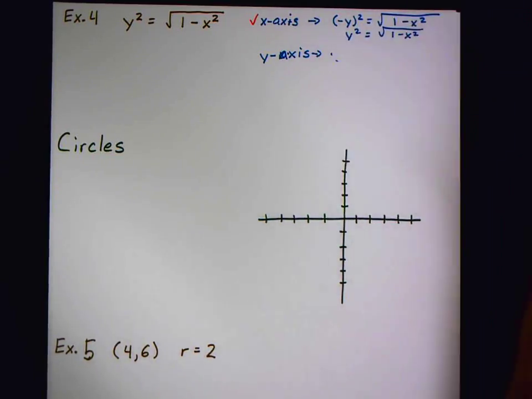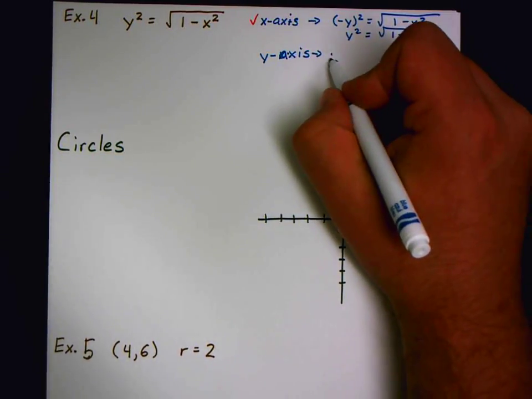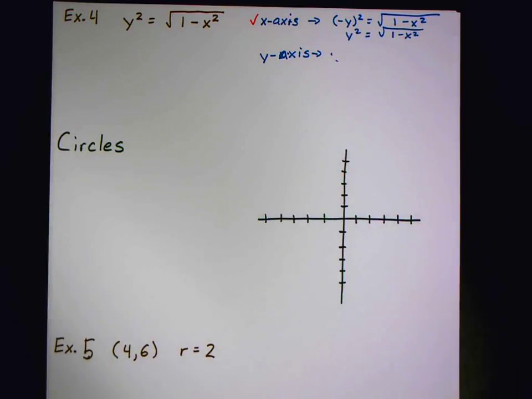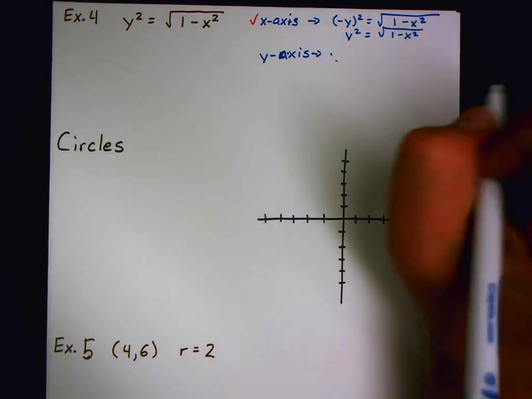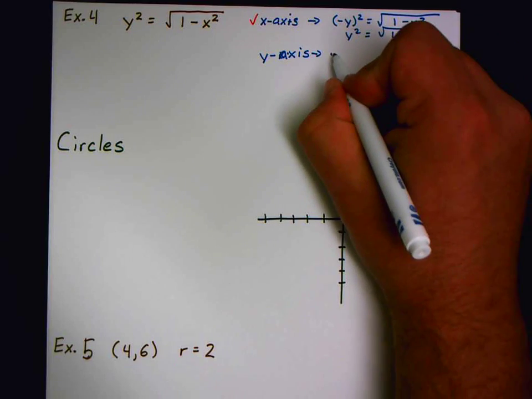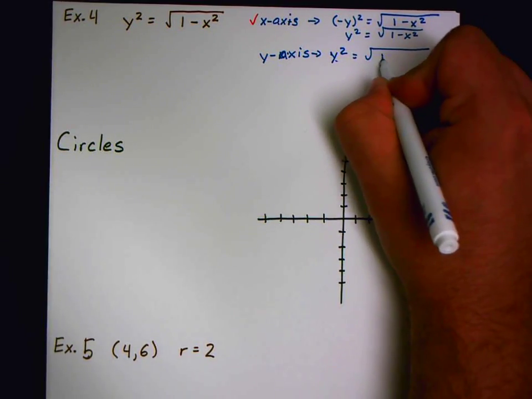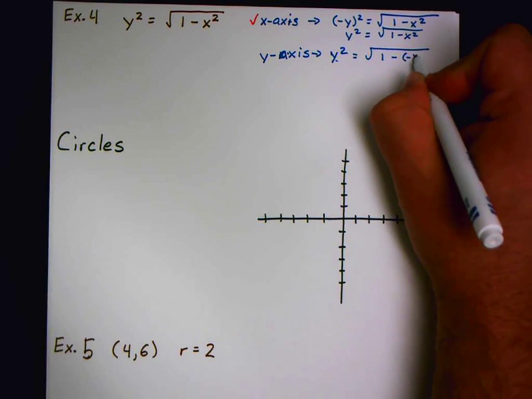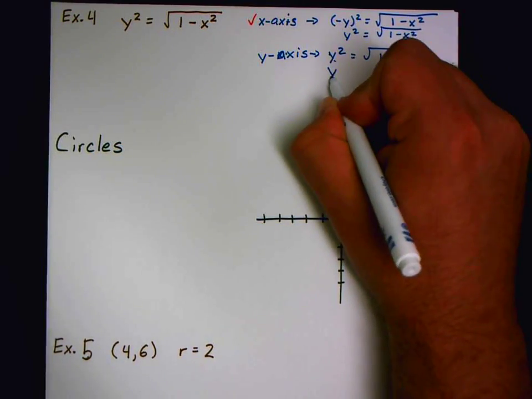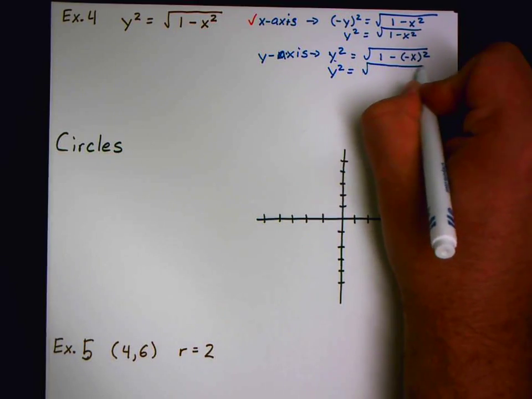Even though it has horizontal symmetry, it doesn't have x-axis symmetry. Because the negative is inside the square, this one works out.